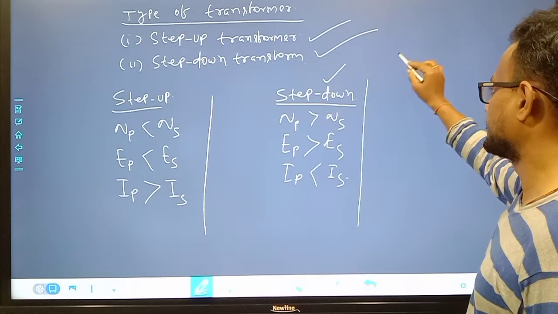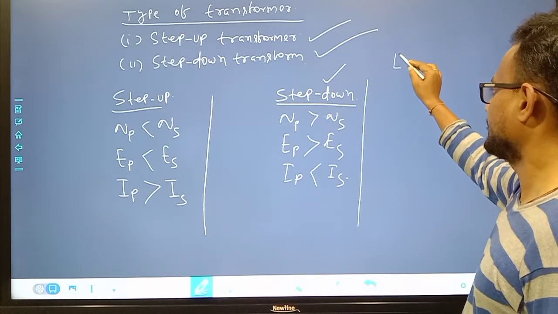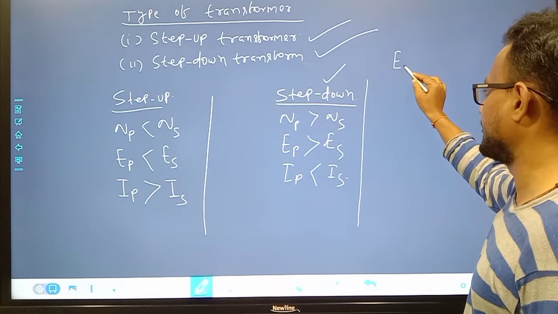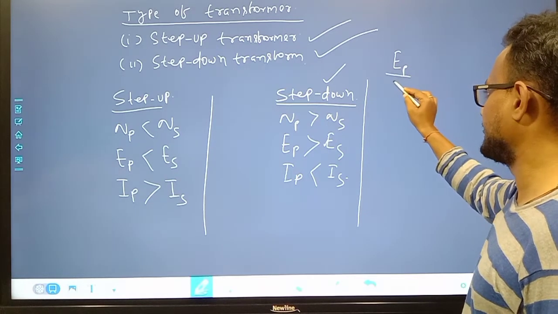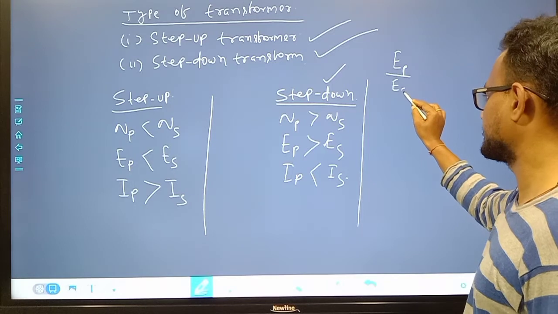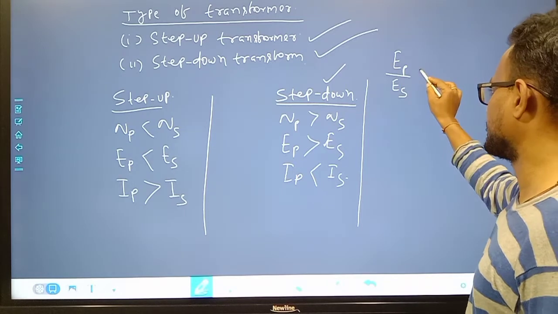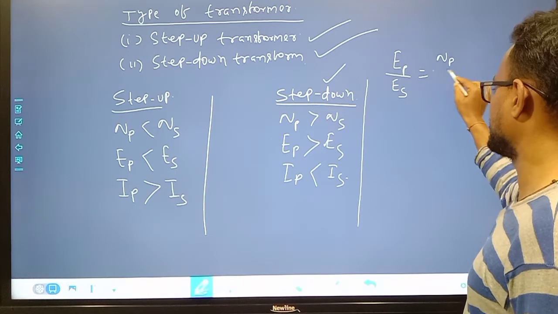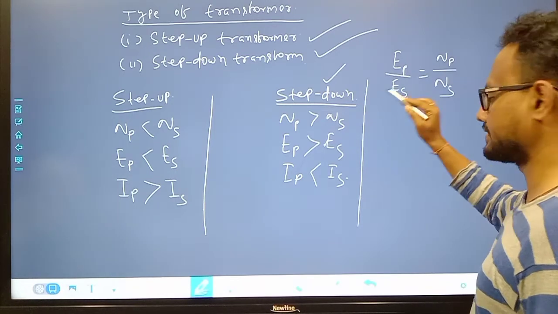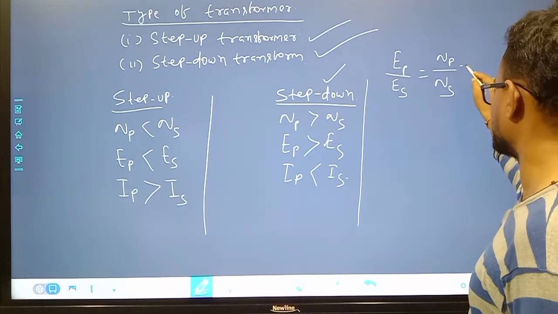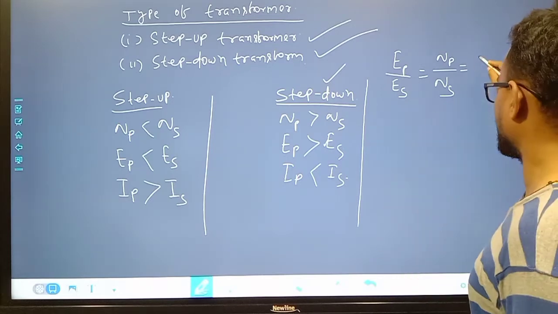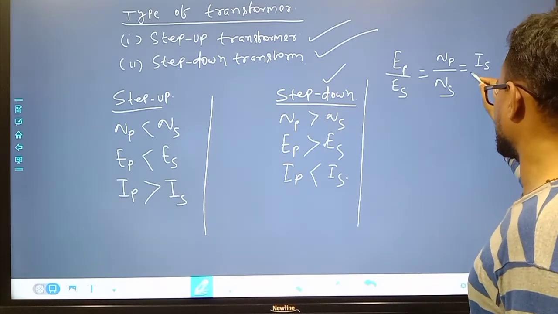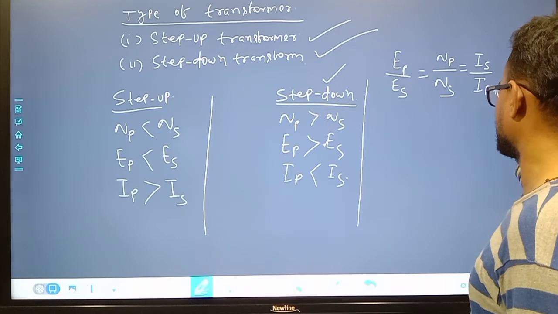The transformer equation is: EP by ES is equal to number of primary turns divided by number of secondary turns, is equal to current secondary by current primary.